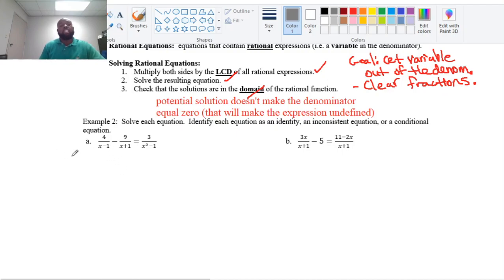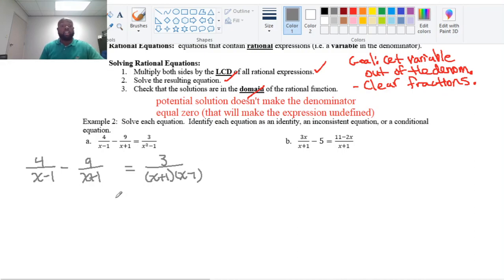Now, to find the LCD, we've got to factor. So I'm going to factor my denominators. That one's already factored, and 9 over x plus 1 is factored. And I can factor this denominator here: x plus 1 times x minus 1.